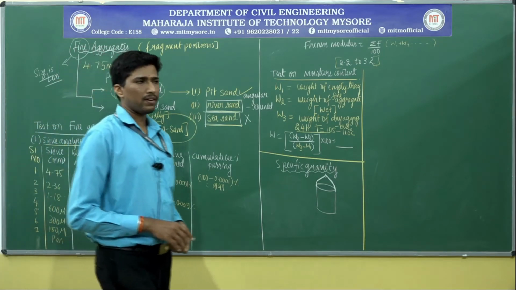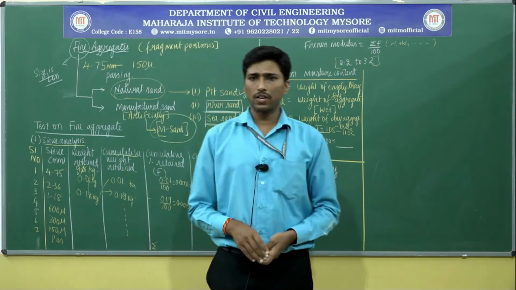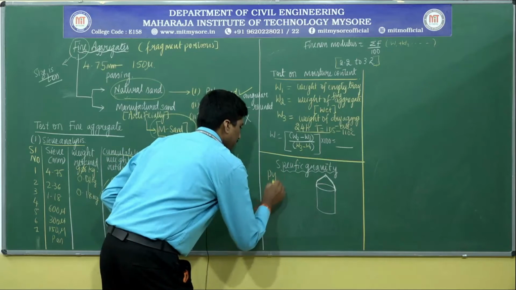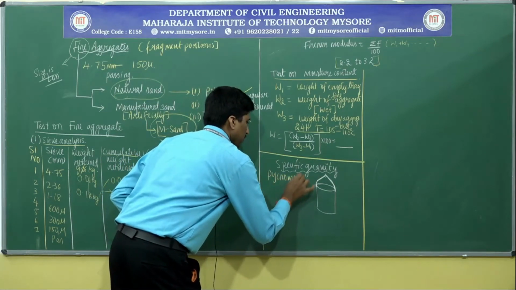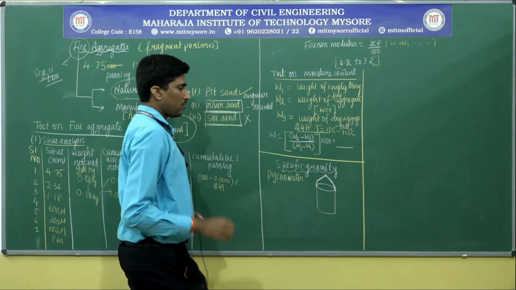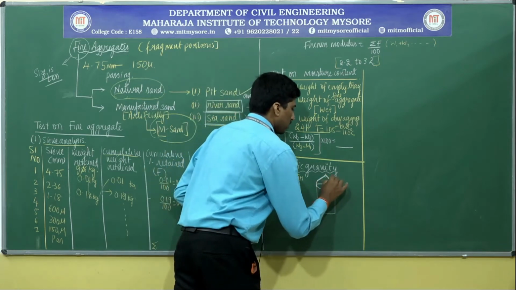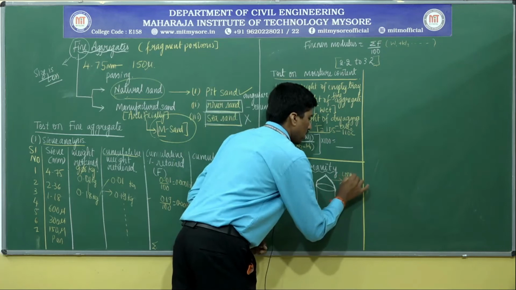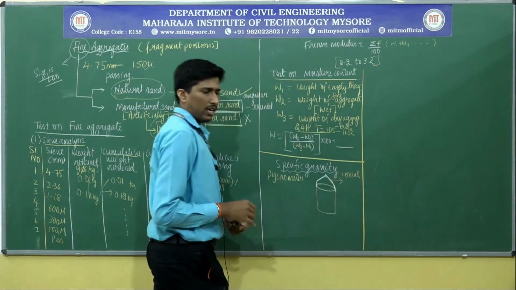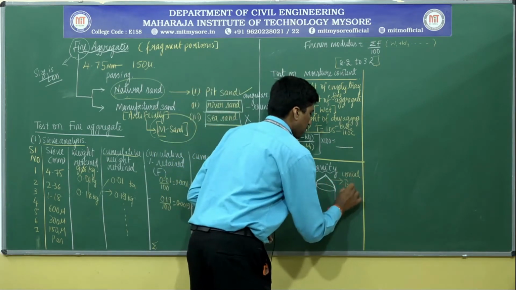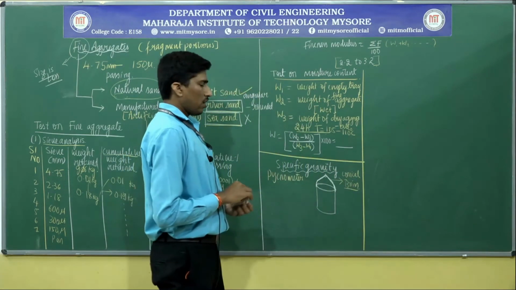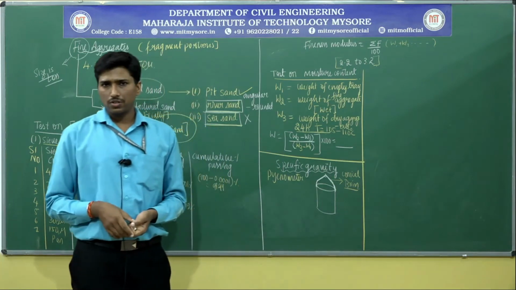One of the glass apparatus utilized to determine the specific gravity is the pycnometer. The pycnometer is a glass apparatus, conical in shape, with a brim portion. What is the procedure?